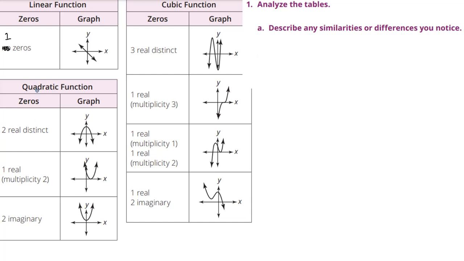What's the maximum number on a quadratic? 2. Cubic. 3. So what's the degree of a linear? 1. What's the degree of a quadratic? What's the degree of a cubic? 3. So the maximum number of zeros is going to match the degree of the function.